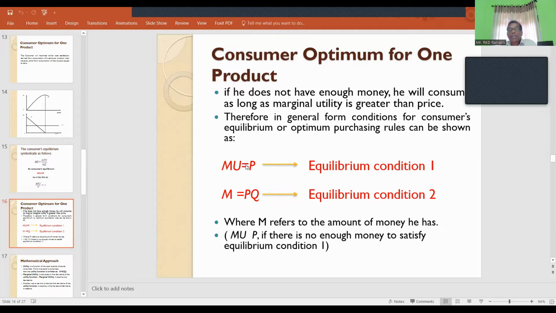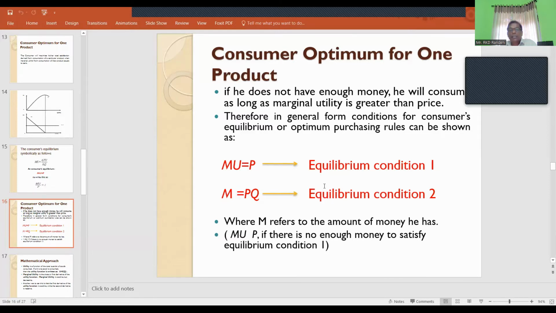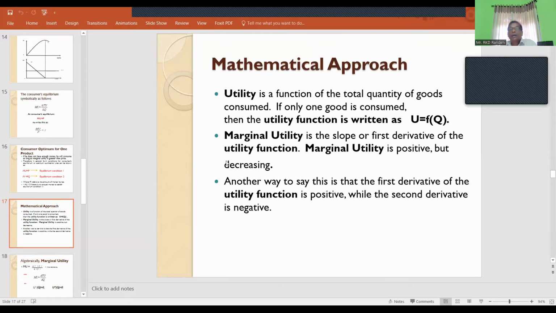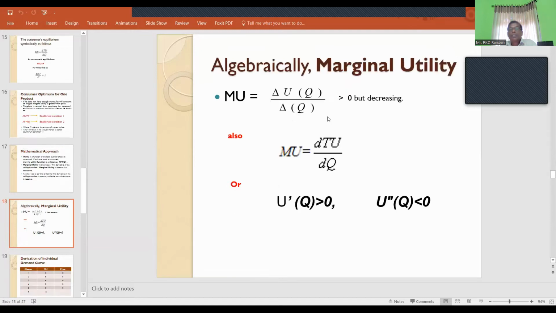At the equilibrium point, MU equal P. Therefore, in marginal form, the condition of consumer equilibrium or optimum purchasing rate can be shown like this. M refers to the money. If there is not enough money to satisfy the equilibrium condition, MU is greater than P. Now I will explain through the data, then you can realize. Later we can discuss the mathematical approach.